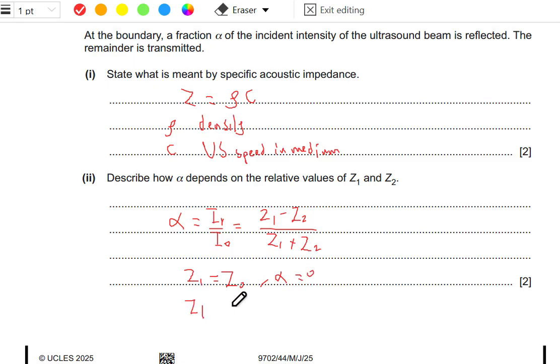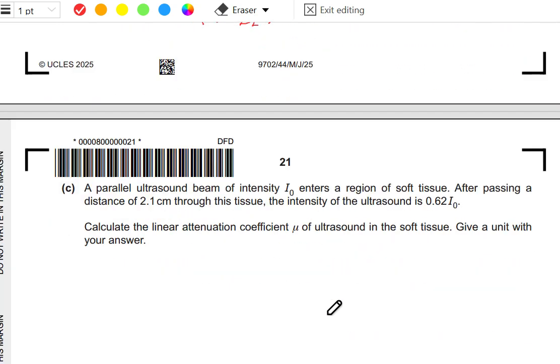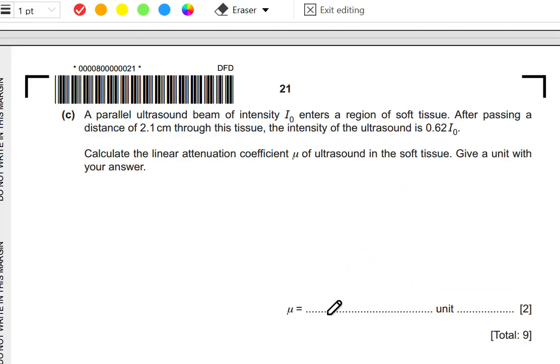If Z1 is much greater or much less than Z2, alpha approaches 1, which means that there is a great reflection at the boundary.